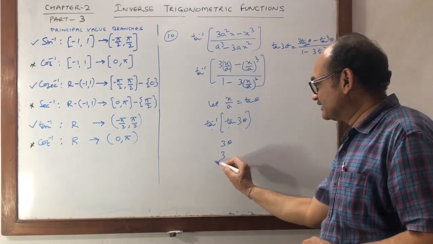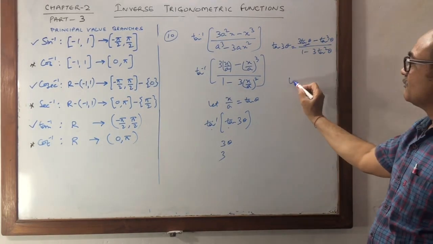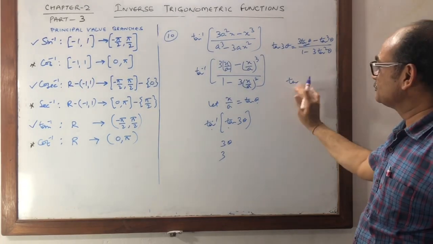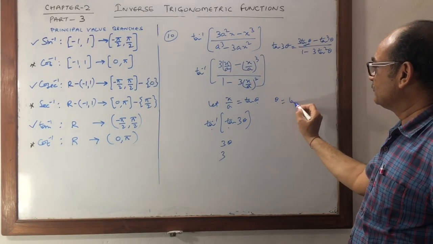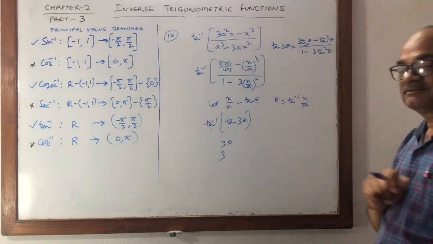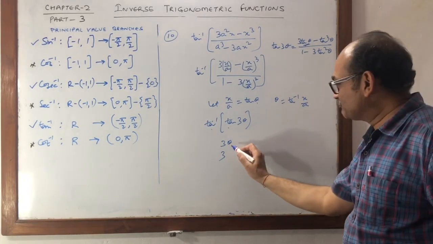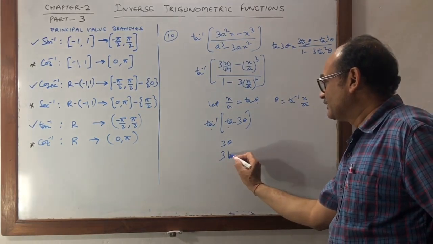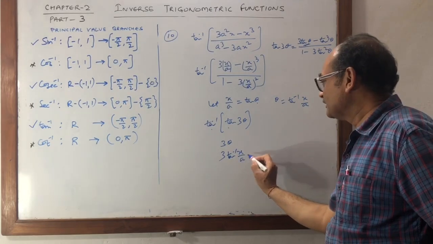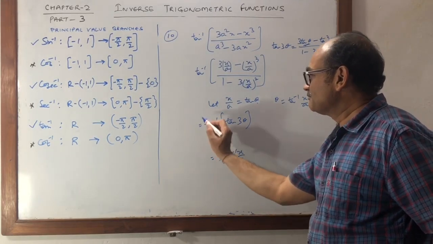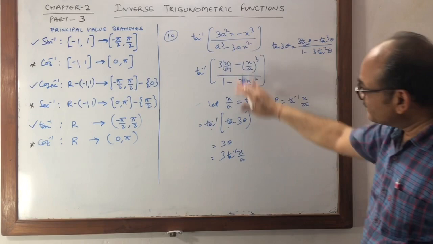So 3 as it is. And what is theta? What we assumed? Theta equals tan inverse x by a. So here we have to write the value of theta, tan inverse x by a. This will be the simplest form of question number 10.